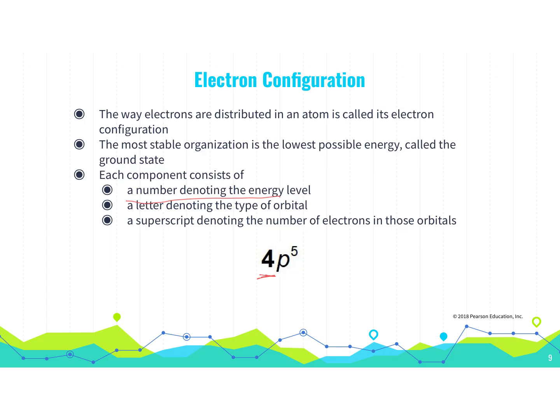Then we have a letter denoting the type of orbital, in that case S, P, D, or F. And then we have a superscript, which shows the number of electrons in those orbitals. So this in particular is saying that it's at an energy level of 4 in a p orbital, and there are 5 electrons total in all the p orbitals of this atom.